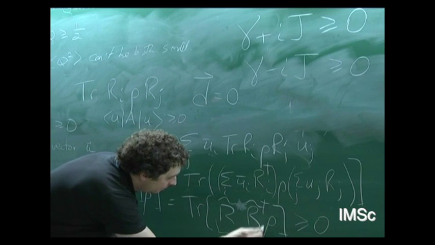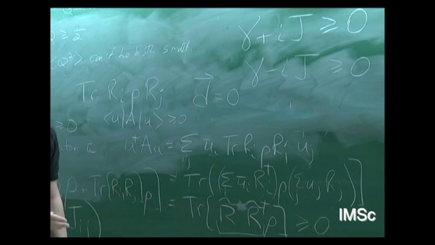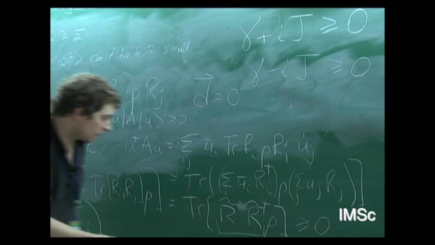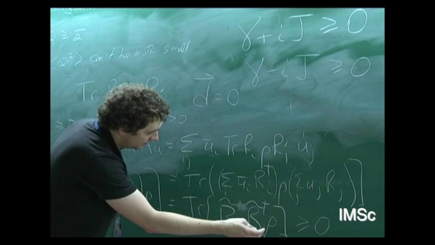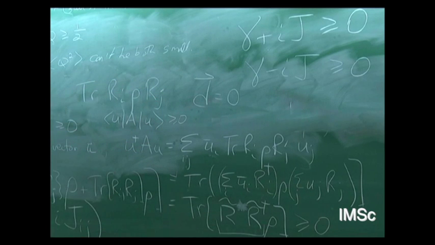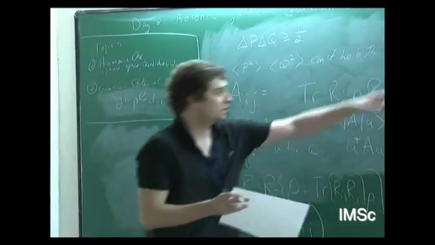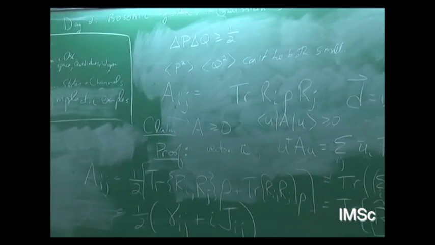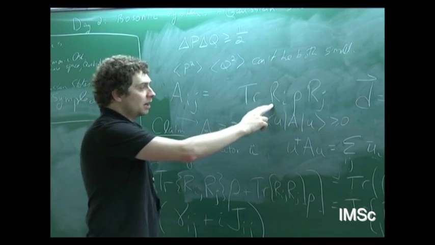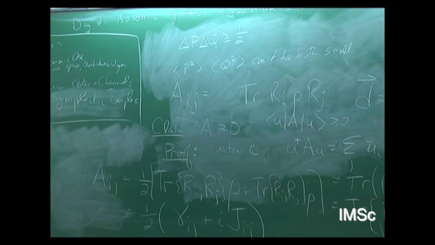But now whenever I have an operator of this form, it's going to be positive semi-definite. So when I take the expectation of it with respect to this state, it's also non-negative. So now we know that this A is positive semi-definite, but now we can rewrite this A in terms of gamma ij and j, just because I can always write the product of Ri, Rj as the average of the anti-commutator and the commutator. Okay, great.